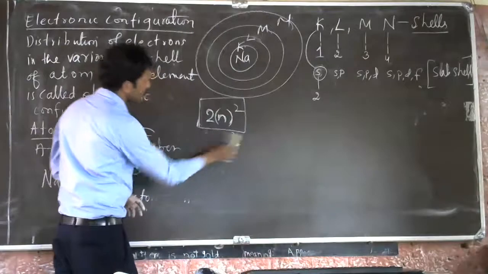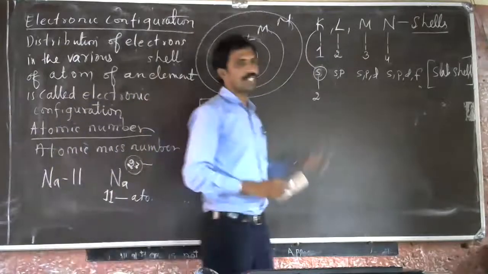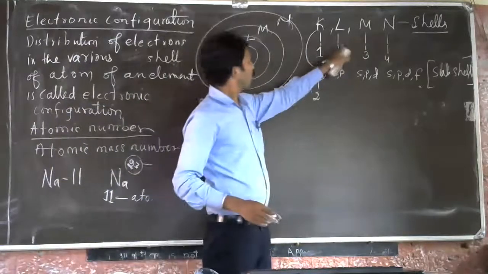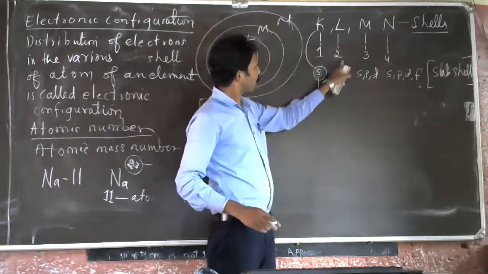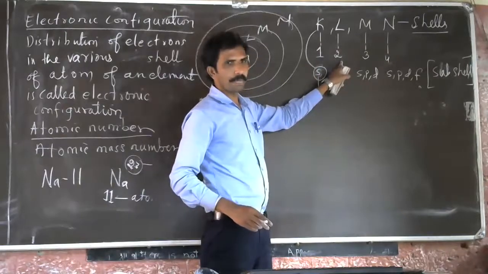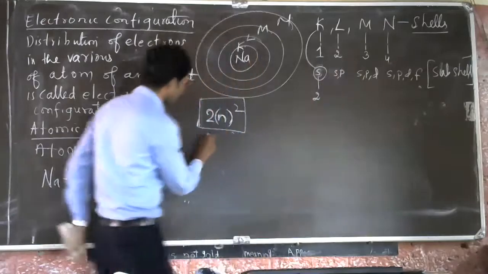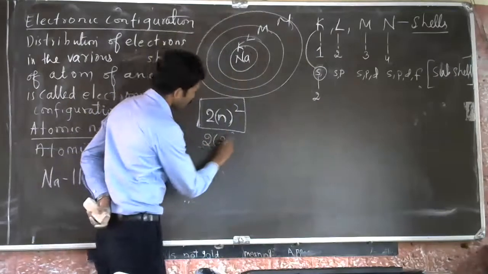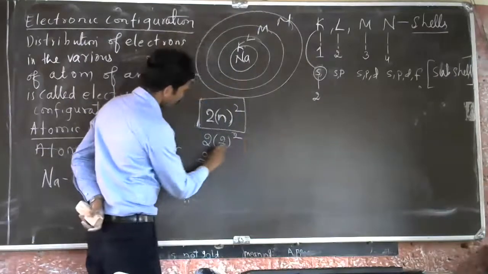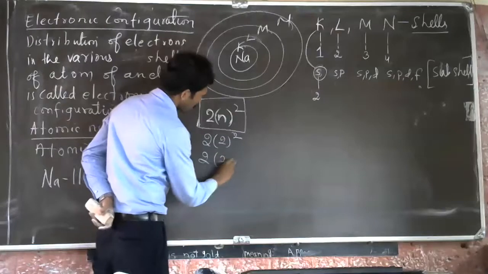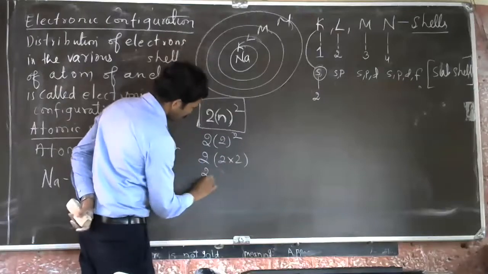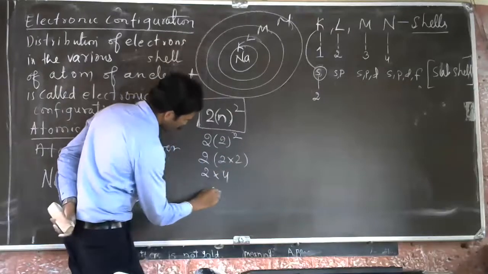Next, if you take the second shell, that is the L shell, the principal quantum number is 2. That energy level 2 has to be taken as n. So 2 square, 2 into 2, becomes 4, 4 twos are 8.